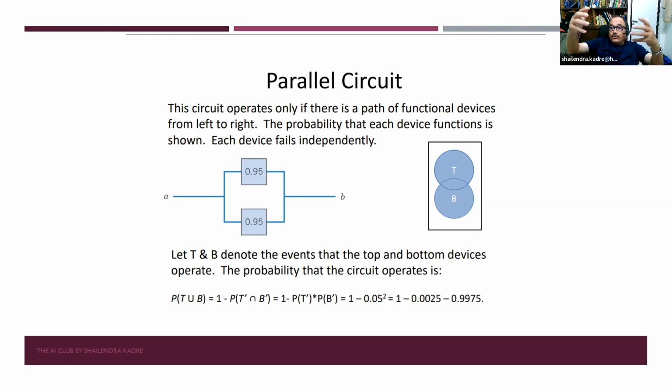See, the individual part was 0.95, but because they are in parallel, the overall probability is 0.9975. 99% I can trust this part. And if I put one more in parallel, it will reach 0.999999. So like that, you can make parts more reliable.